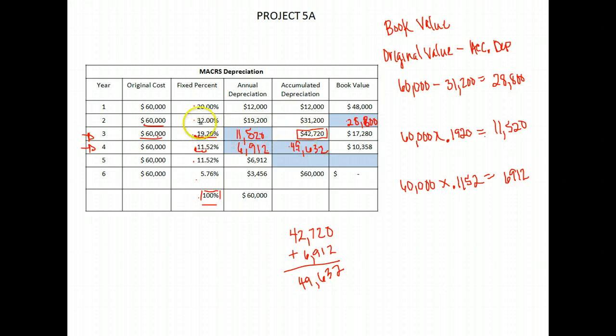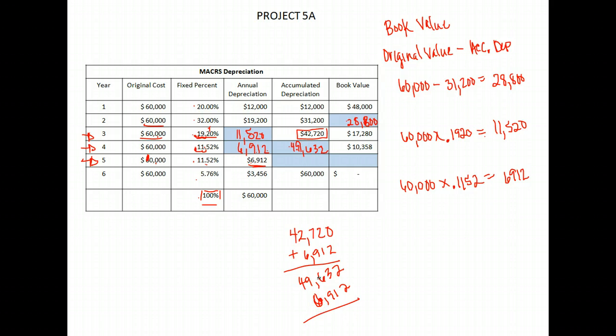Okay, we get to row 5. What is it looking for? Okay, we had the original cost. It depreciated by the same amount it did last year. Oh, look, we can double check, make sure we got the right answer there. Okay, now that accumulated depreciation. Well, it depreciated again by 6,912, so we add that to our total to find out what the new total depreciation is.